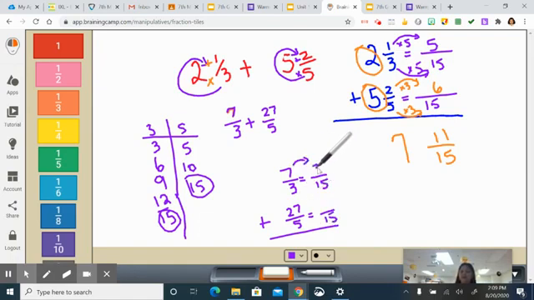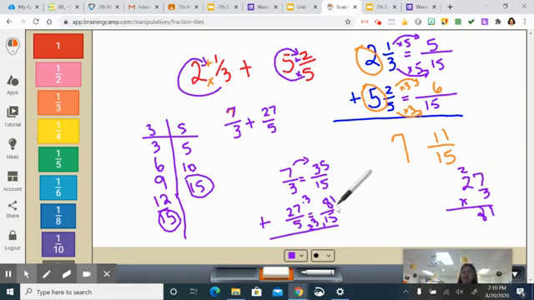So 7 times 5 is 35. 5 times 3 is 15. 27 times 3. Uh-oh, I need to do that on the side over here. 27 times 3. Guys, if you catch me doing something wrong, correct me. I'm trying to do this fast. 21, 6, 7, 8. 81 over 15.